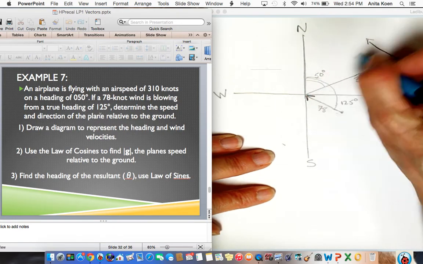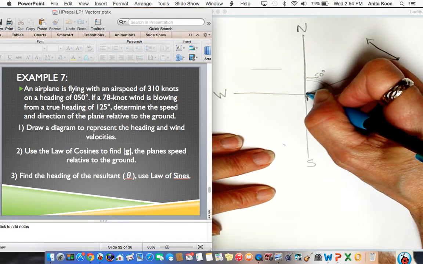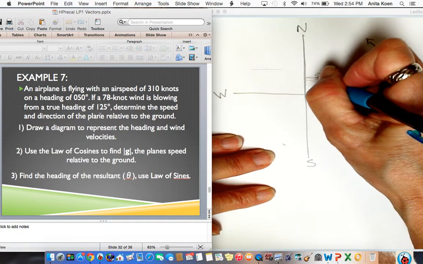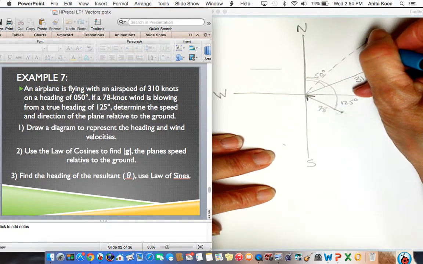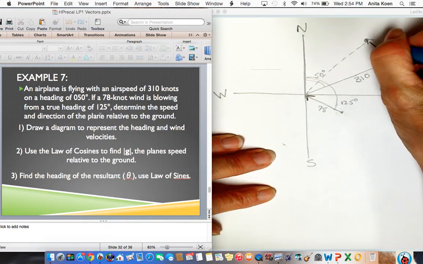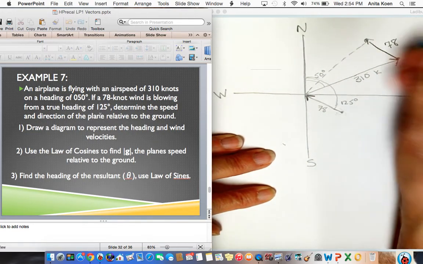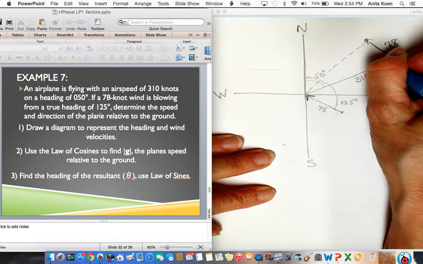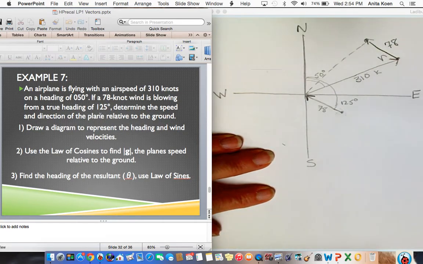That gives me this resultant from here to here. There's the resultant vector. This is 78. I'm going to call this gamma. I don't know what that one is yet. So I've drawn a diagram to represent the heading and the wind velocities.